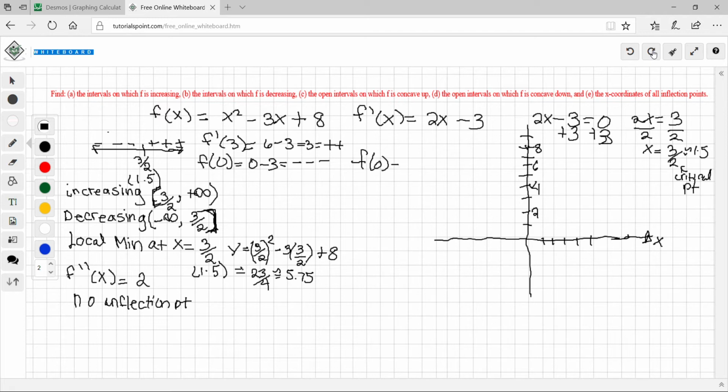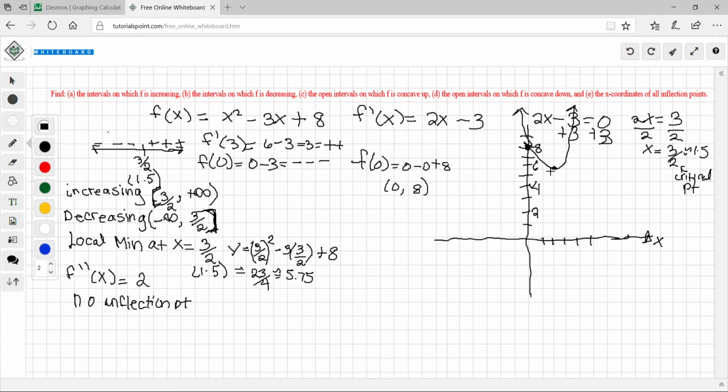So your y-intercept is just (0, 8). Now we look at our local min, which is at 1.5 and 5.75. So here's our local min, here's our y-intercept, and we know it's a parabola, a U-shaped polynomial, because it's even degree.